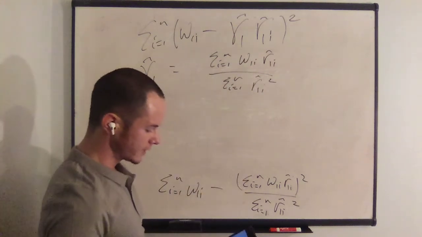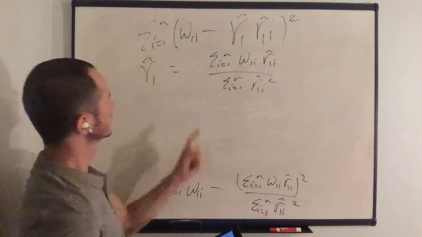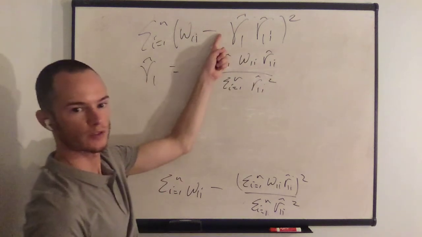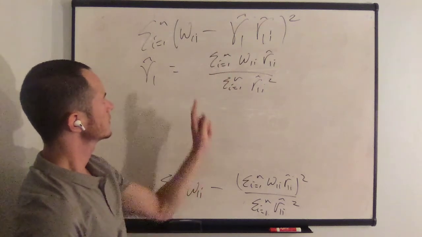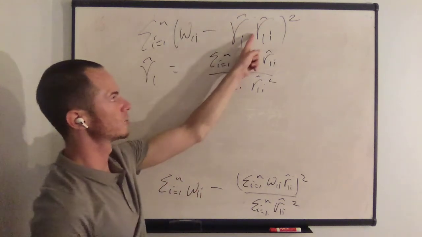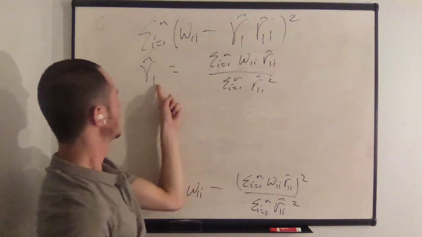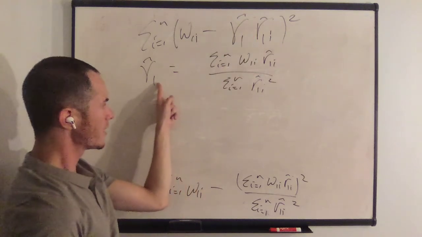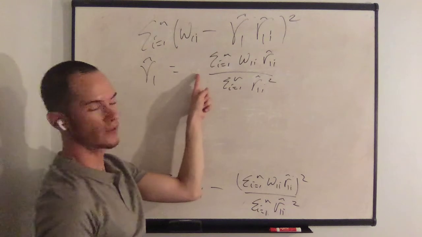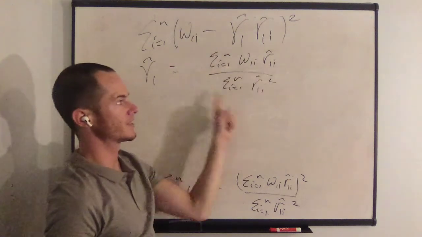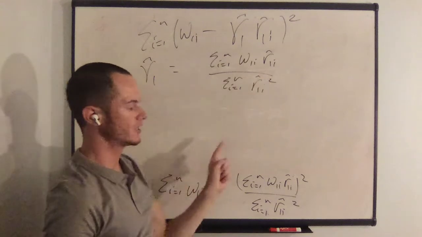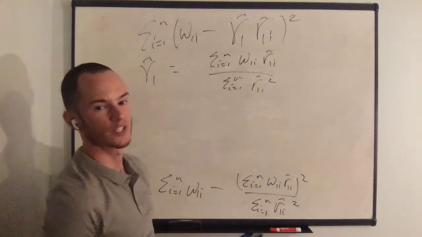So observe that what you have here is the sum of squared residuals of a simple regression of w1i on r1i hat, because this gamma 1 hat is the coefficient in that simple regression, just like our expression for beta 1 hat.